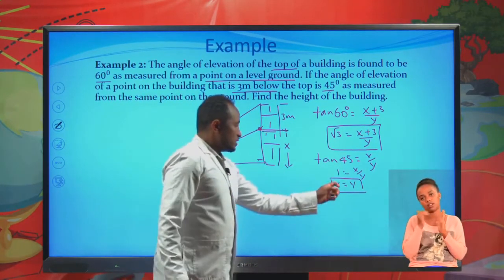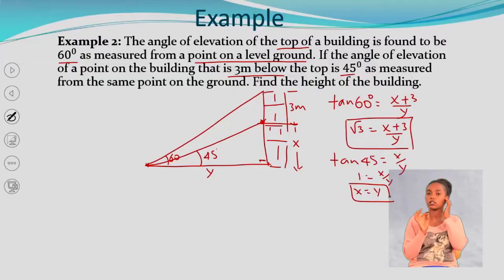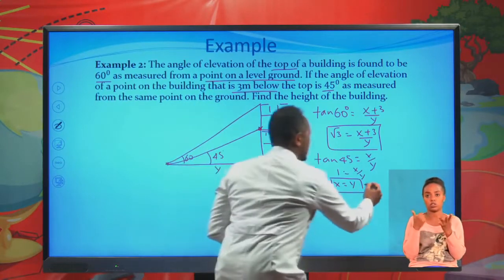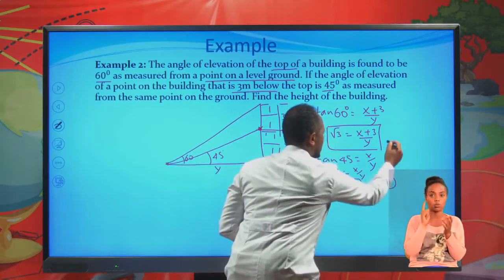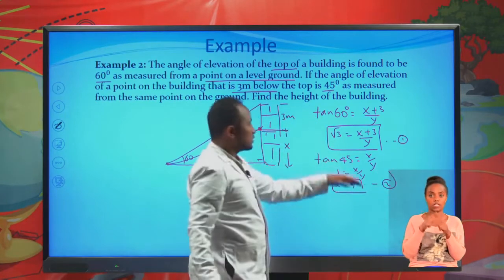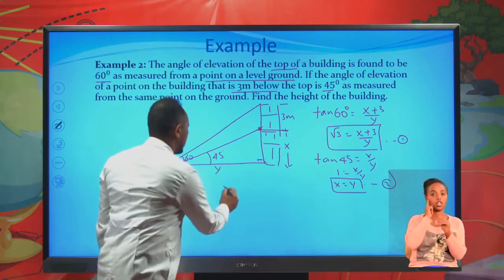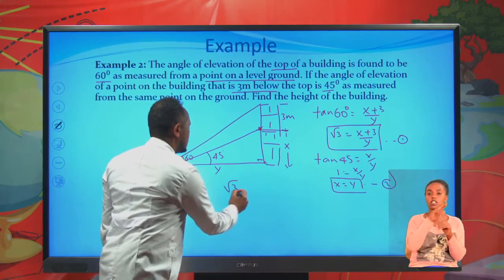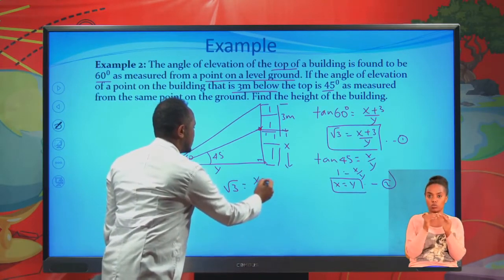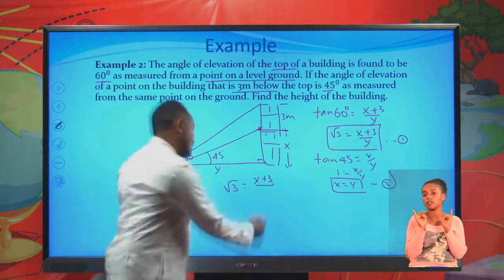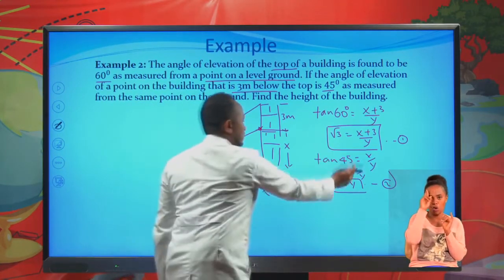So since x and y are equal, we can replace y by x here. You can substitute the second equation into the first one and you get this. The square root of 3 equals x plus 3 divided by x, because x and y are equal.